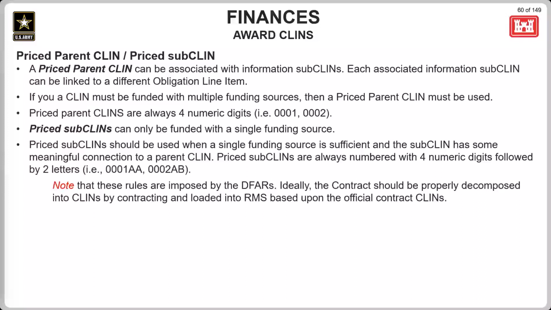That's because as a priced sub-CLIN, once an obligation has been chosen, it cannot be changed to a new obligation easily. You would either need to create a new CLIN or defund the original CLIN, or you could go through two modifications where the first defunds the CLIN and the second refunds the CLIN, either of which would be kind of problematic for tracking purposes, so it's best to follow that policy.